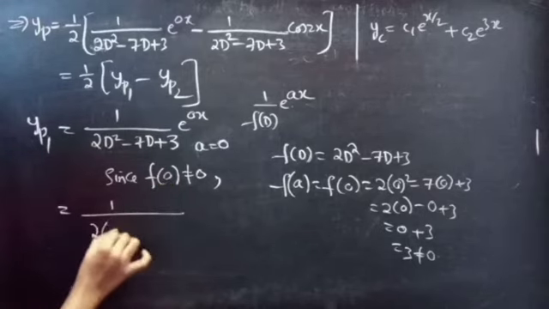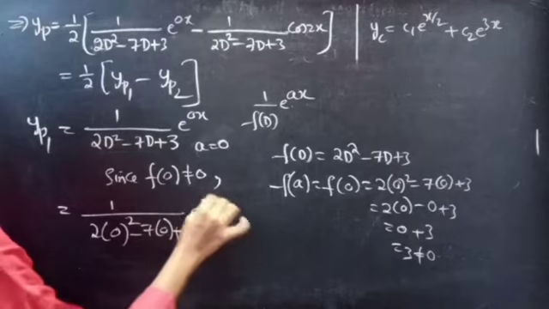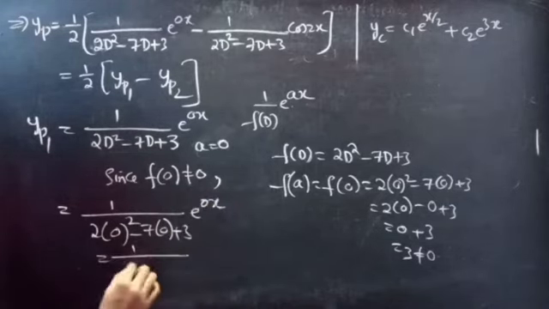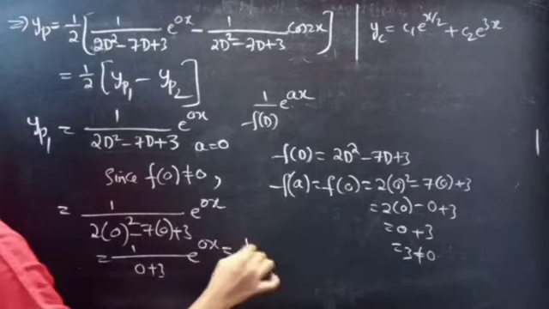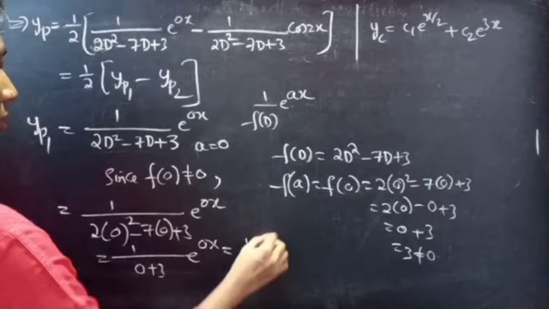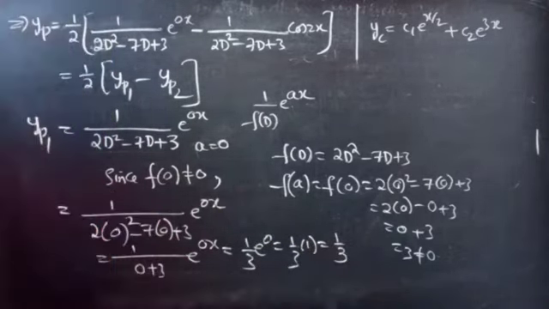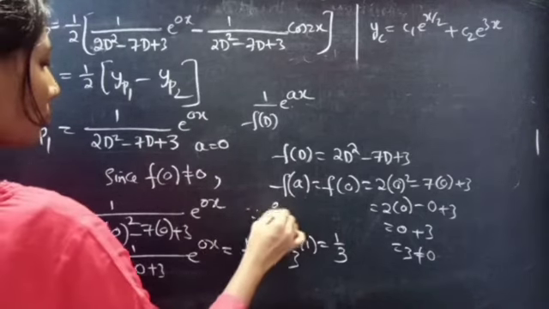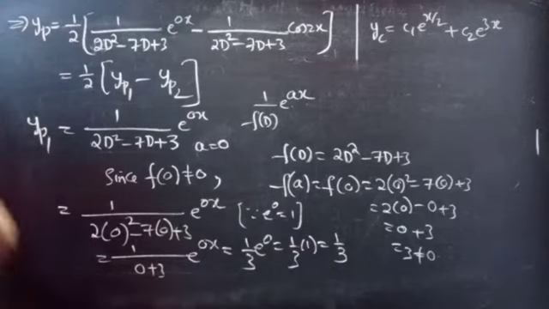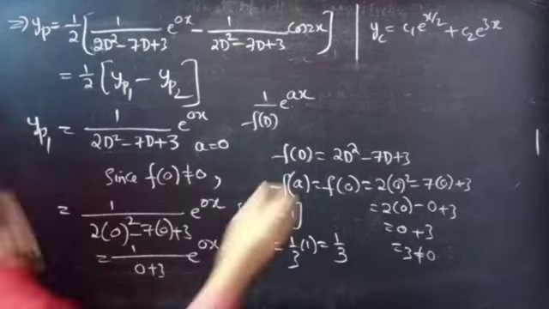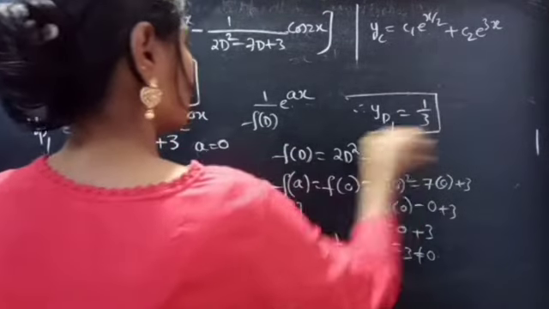Then we'll get 1 by 2 into 0 square minus 7 into 0 plus 3 into e power 0x, which equals 1 by 3 into e power 0x, and e power 0 is 1, so it equals 1 by 3 into 1, which is 1 by 3. Therefore, yp1 equals 1 by 3.